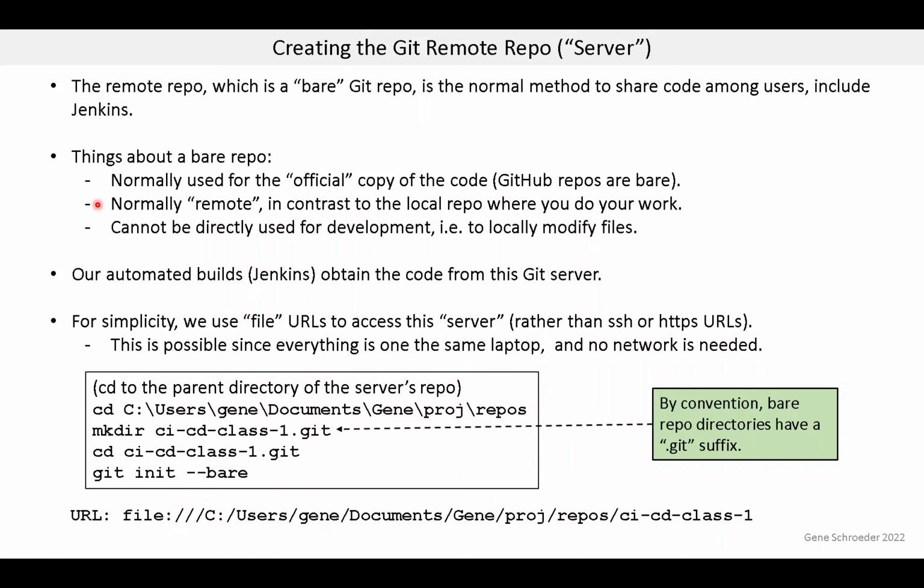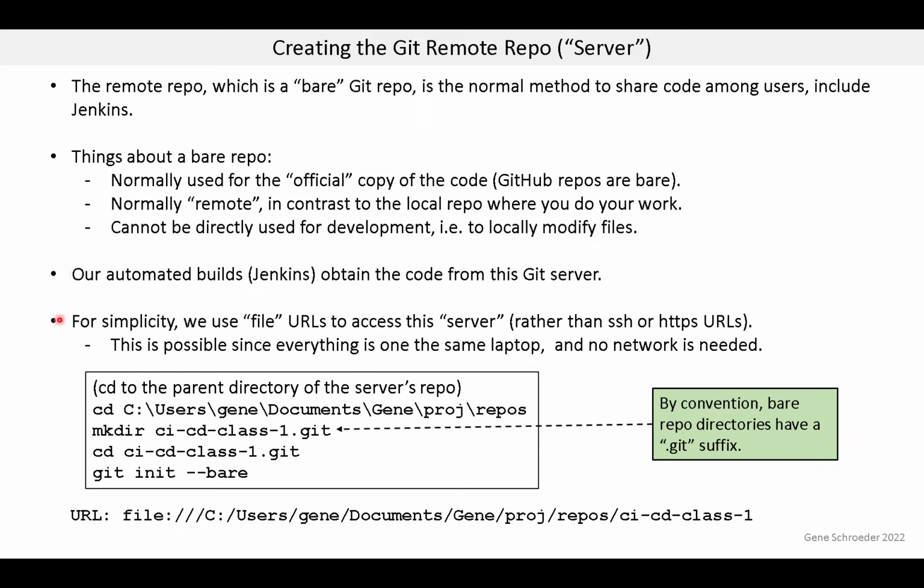In our case, we have a repo within the IDE project. It cannot directly be used for development to locally modify files. The way it normally works is you make your modifications in your local repo and then you push them into the bare repo. So our automated builds done by Jenkins obtain the code from this Git server of the bare repo.